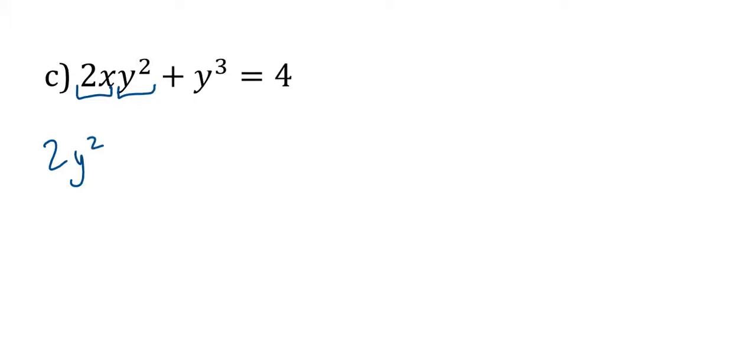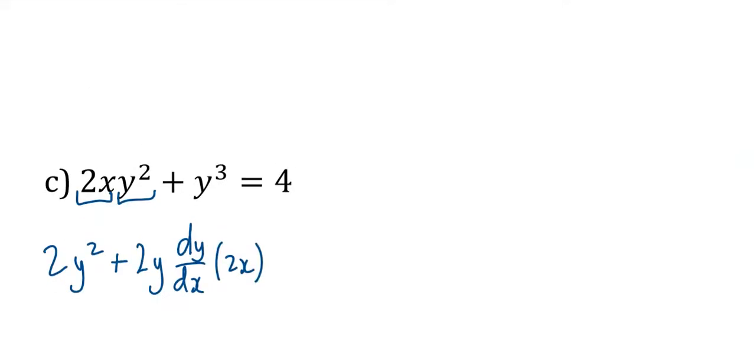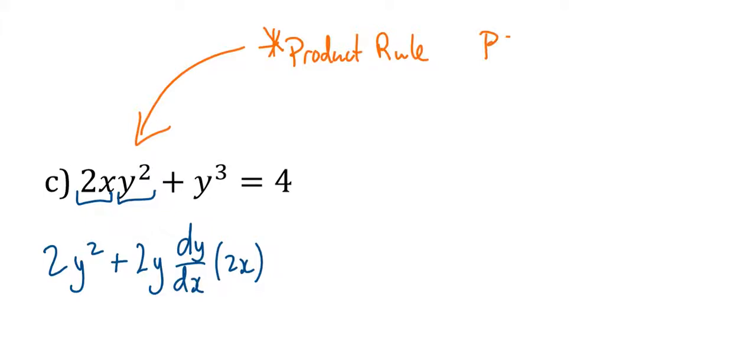So I'm going to write this out, and just for our note, again, normally we probably wouldn't do this, but product rule, where my p is 2x and my q is y squared. So p prime is 2 and q prime is 2y dy by dx.